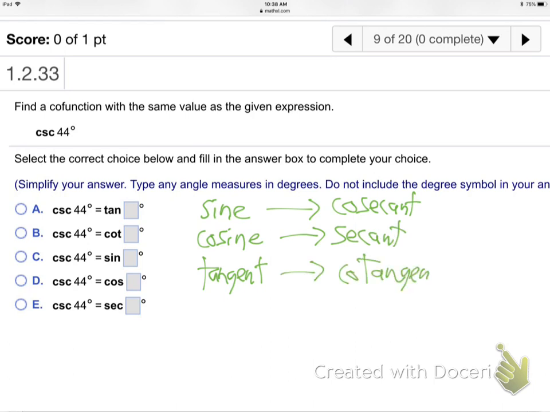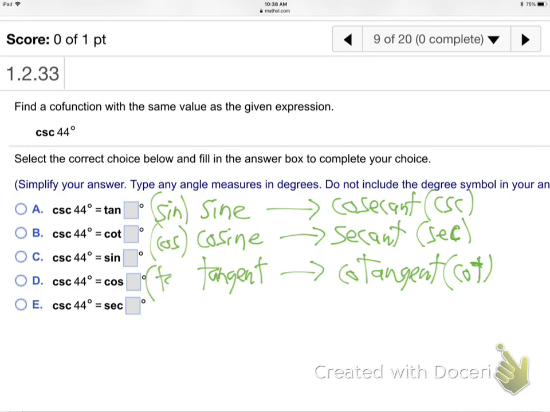So let me show the entire words. That'll be helpful for answering this question instead of just the abbreviations. So the abbreviation is CSC and secant and cotan. And this is sine, cosine, and tangent. Anyway, so there's the full words.